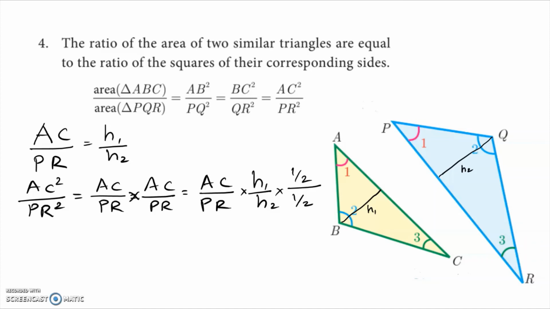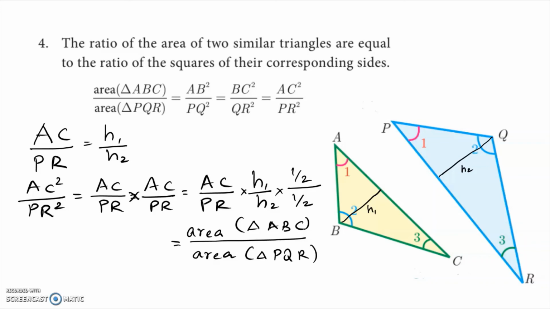Alright, so now we can say this is equal to the area of triangle ABC over the area of triangle PQR. So we have proved that AC squared by PR squared is equal to the area of ABC over area of PQR. So the same way we can prove all of them to be equal.